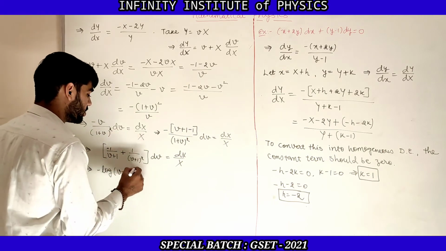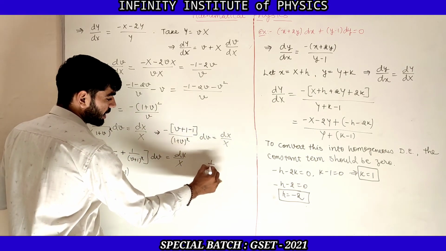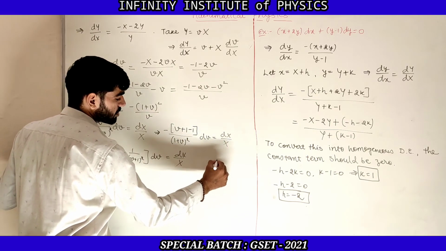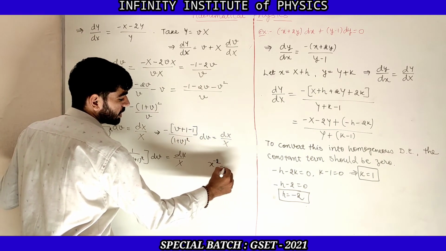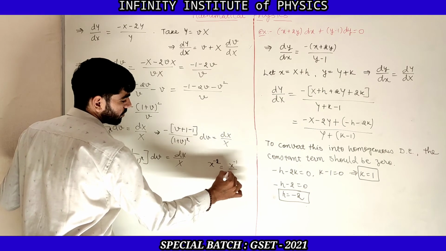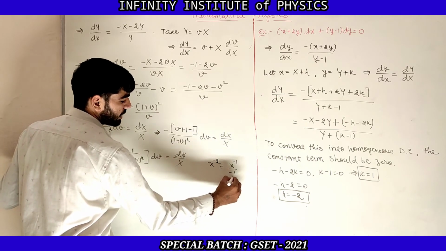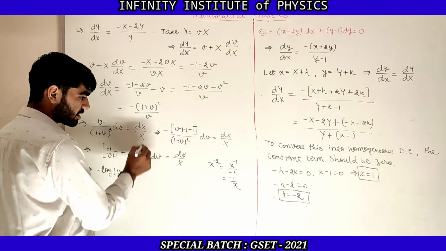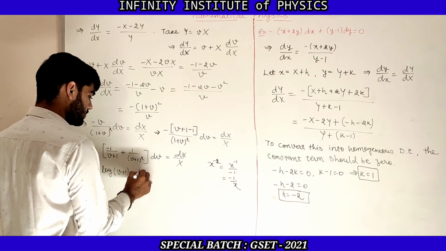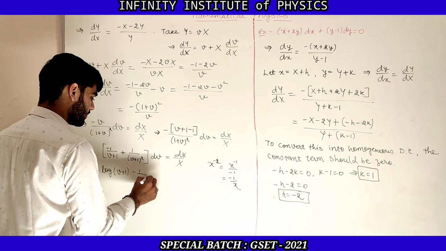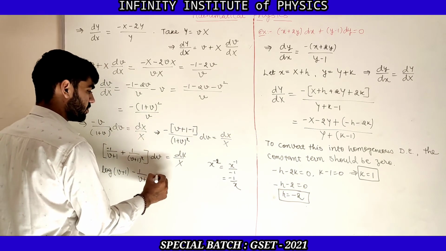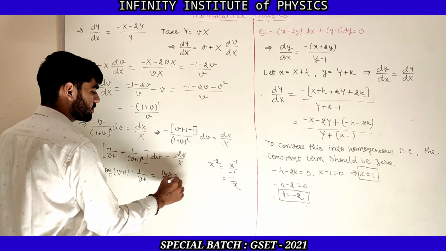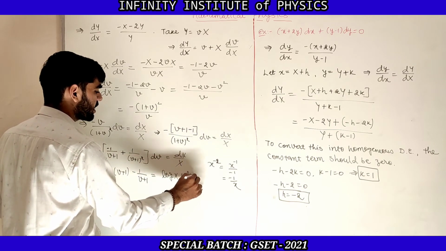And now integration of this, that is if we have 1 upon x square, or x raised to minus 2, then the integration will be x raised to minus 1 upon minus 1, or you can write it as 1 upon x. So integration of this term is minus 1 upon v plus 1, which is equal to, now integration of this, that is log x plus a constant that I am writing as log c.